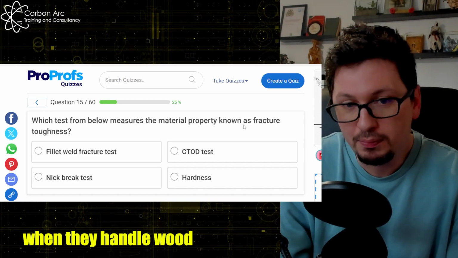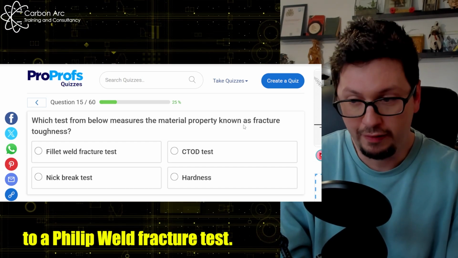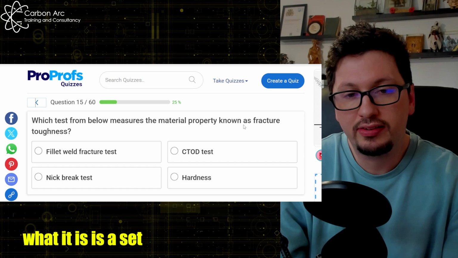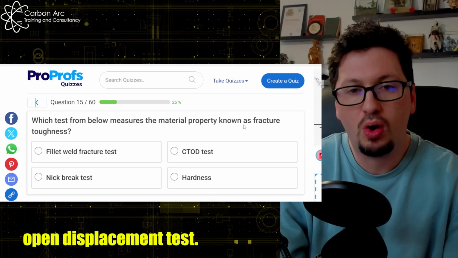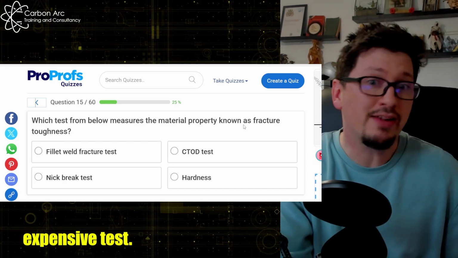A lot of people, when they hear the word fracture toughness, are instantly drawn to a fillet weld fracture test. It's not that. It's a CTOD test, a crack tip opening displacement test. And this is a very expensive test.